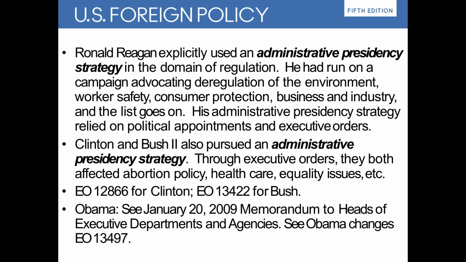And then there are specific executive orders in here that you can look to see how presidents do this, and we'll use this when we talk about the Trump doctrine, or developing Trump doctrine. And then finally, Obama also had this strategy in regards to some of the bureaucracy.